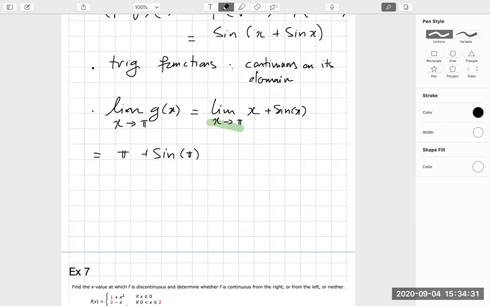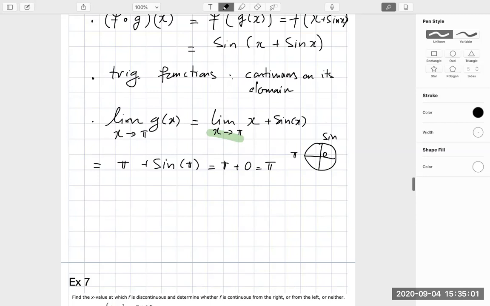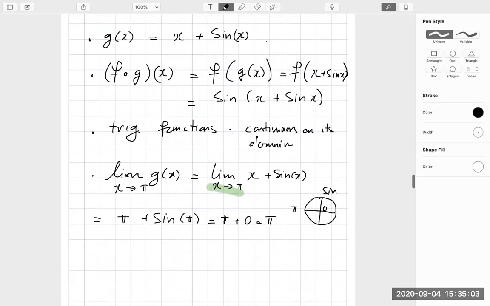Sine of pi, remember the unit circle is here. This is the sine axis. This is pi. Project to the sine axis, it will be 0. Therefore, this result will be pi plus 0, which is pi, right? It is pi, and the sine function is continuous at pi, right?